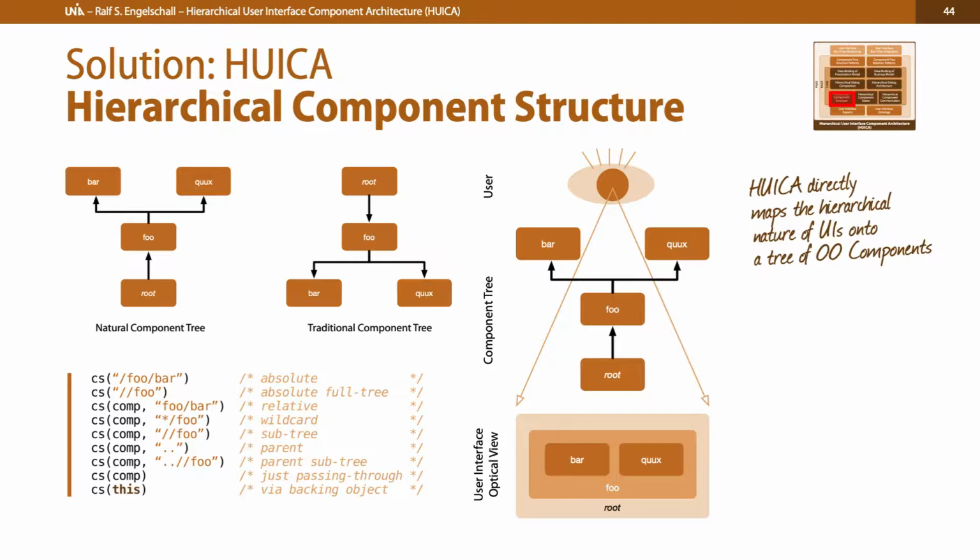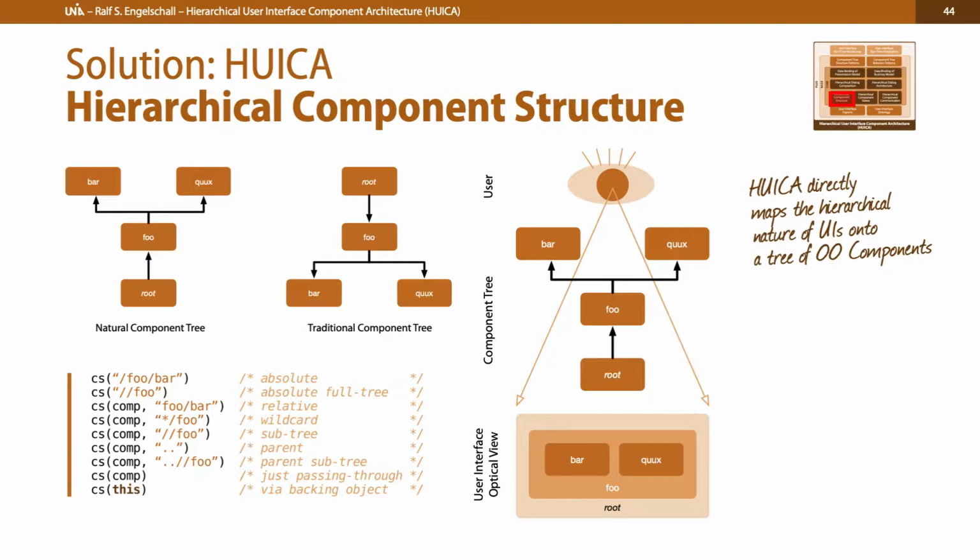Another point is that HUICA treats this tree like a file system. So it has a little bit of a query language, which is very similar to a Unix file system path, where you can select particular components, as you see here at the bottom left side, through various path specifications.